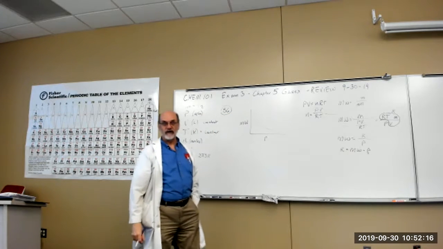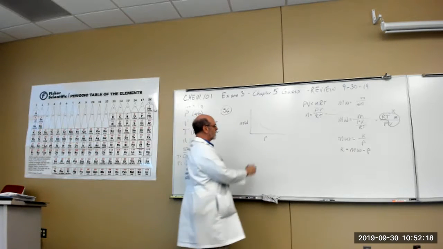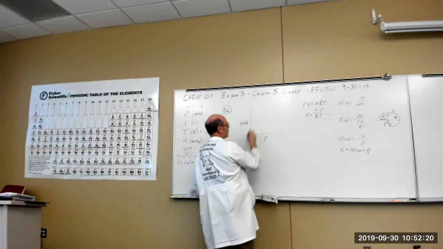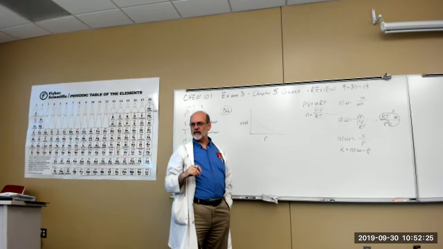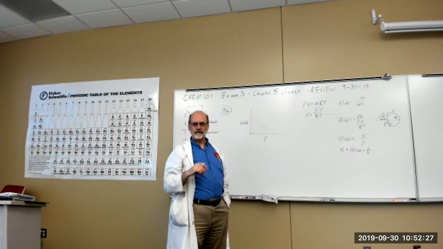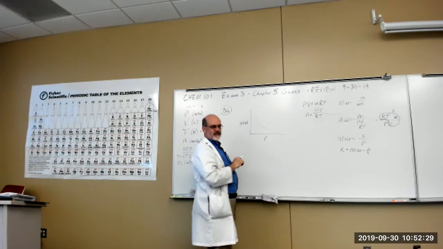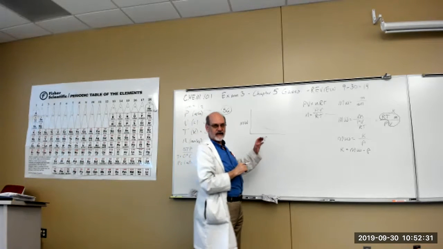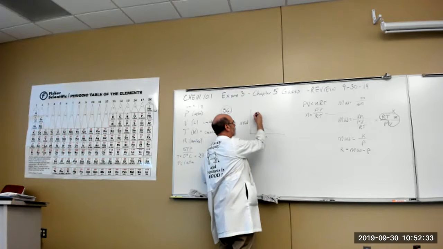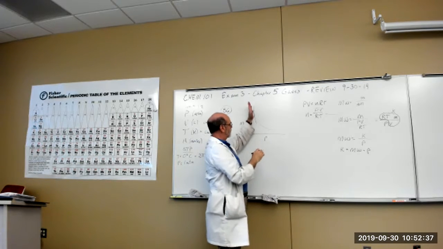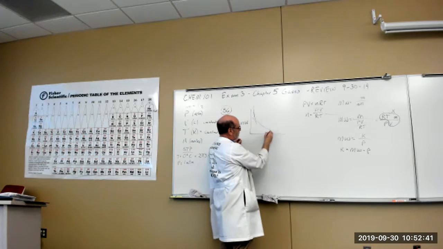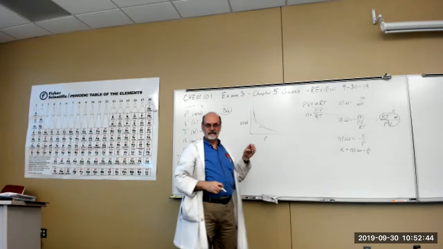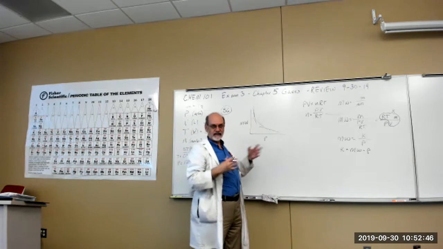So, as a matter of fact, when you put it this way, it's going to be a hyperbola with negative slopes at various points. So does everybody know about instantaneous slope? No. It's the tangent, a straight line tangent on a curve at any point, right? So at that point, well, it's not close enough, but that's the slope at that point. That's the slope at that point. That's the slope at that point. Okay, that's an instantaneous slope.